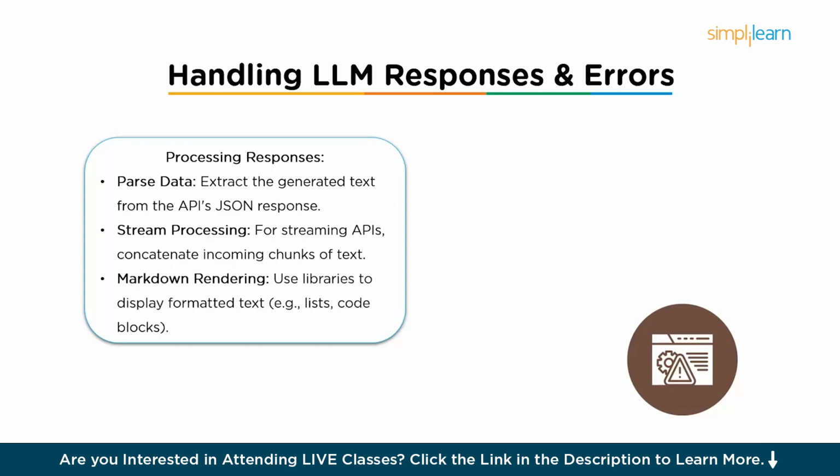Next, we have Markdown rendering. Often, LLMs generate text that includes formatting like bolding, italics, lists, or even code blocks using Markdown syntax. To display this correctly in your front end, you will need to use libraries to render Markdown into proper HTML or UI elements.